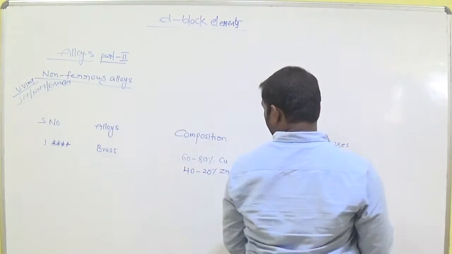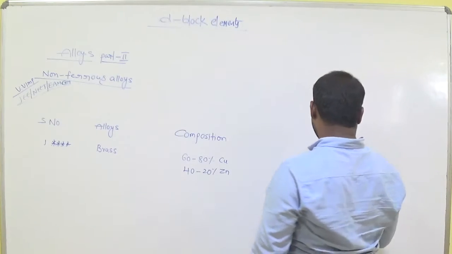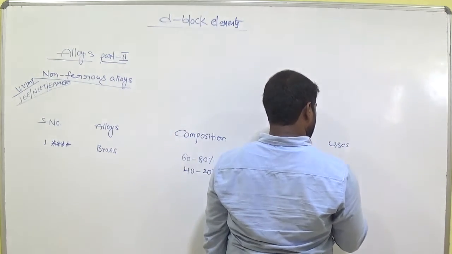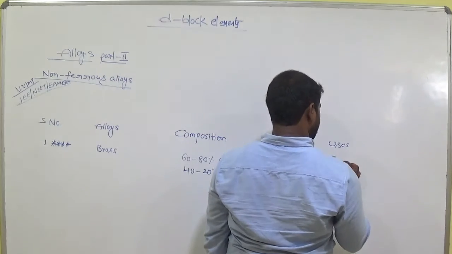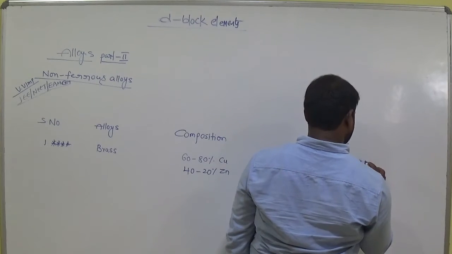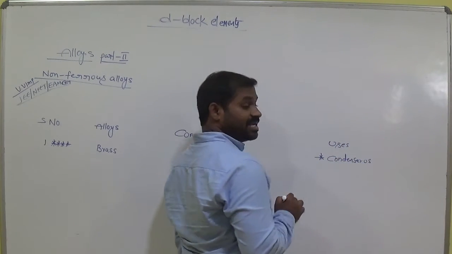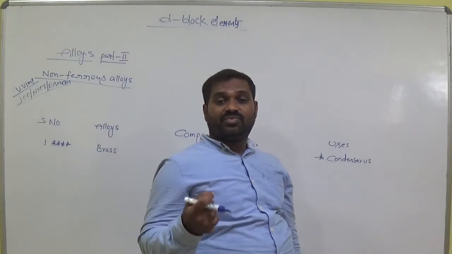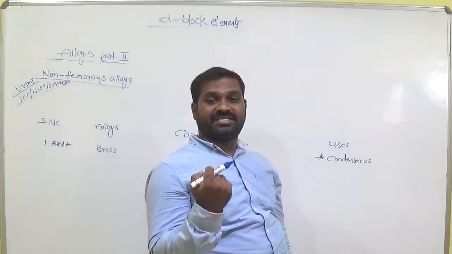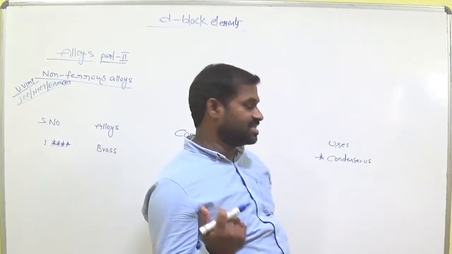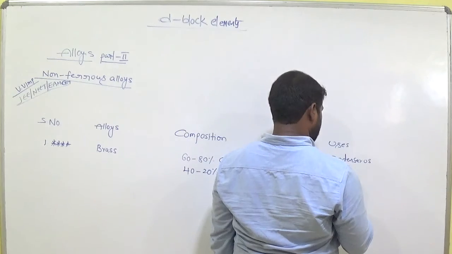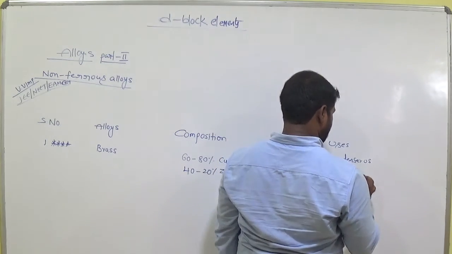Now what is the use of this brass? This brass is used to prepare condensers. A condenser is a device which can cool high temperature to low temperature. Remember this, condensers. And machinery parts, machines we can prepare.